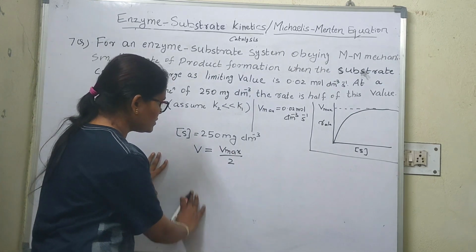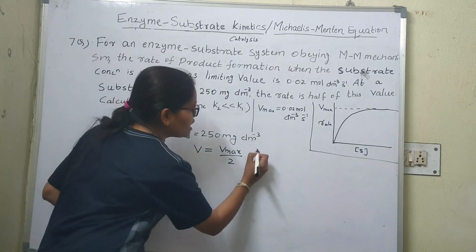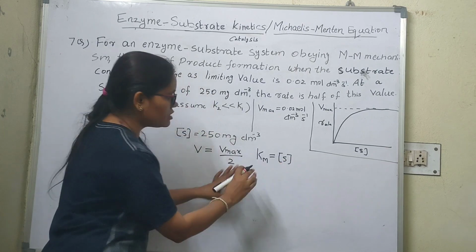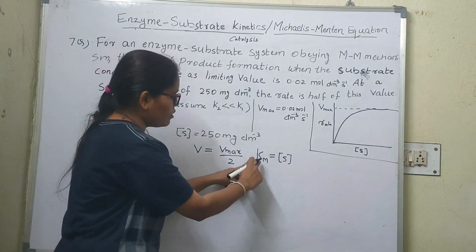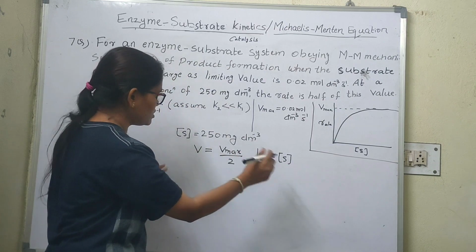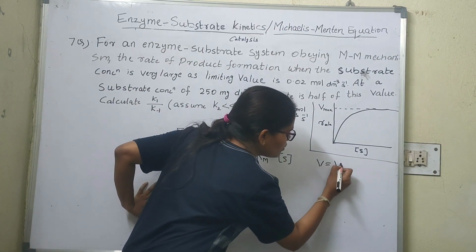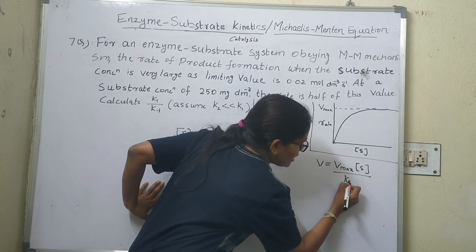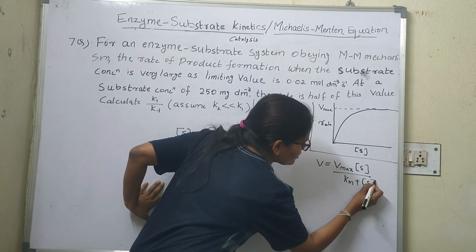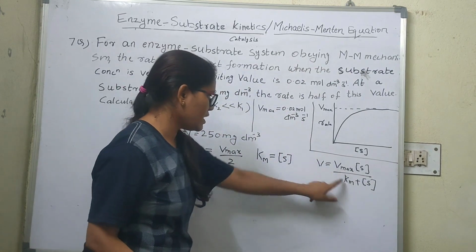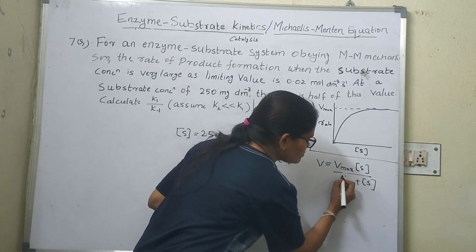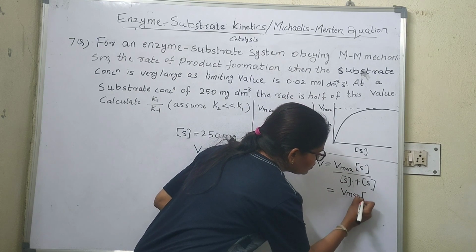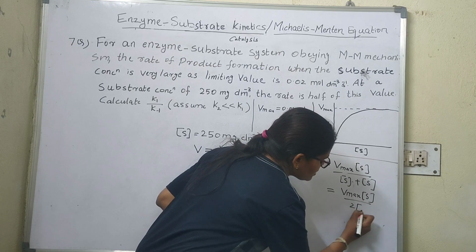So we know that at Vmax by 2, Km is equal to the concentration of substrate. This we have seen already many times. When Km becomes equal to S, V is equal to Vmax S by Km plus S, the rate equation. Now when I substitute Km with S, I get Vmax into S over 2S.